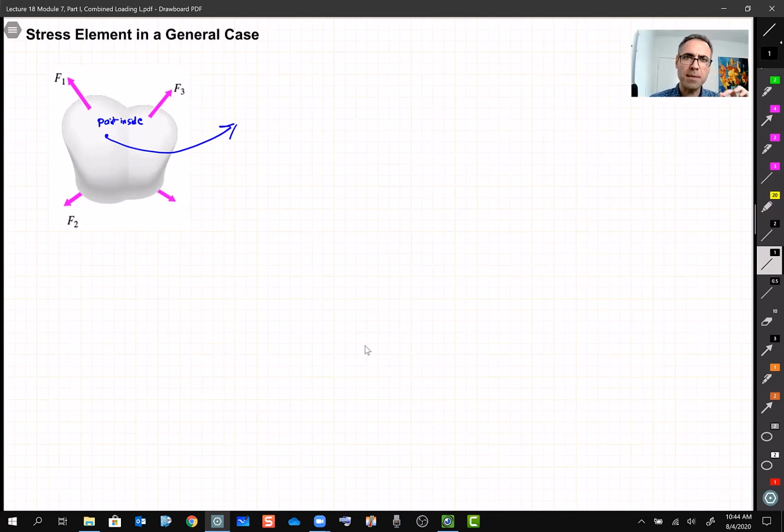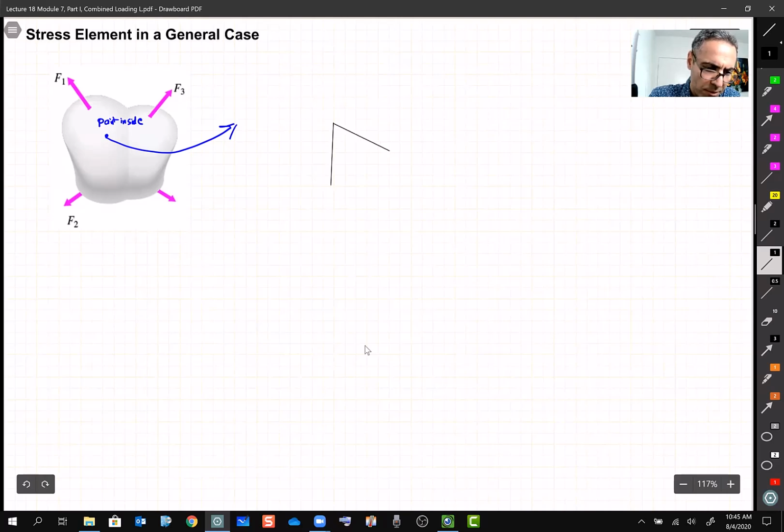Again, for simplicity, it's a point, it's just tiny, very small, just a molecule or a crystal. And let's say we magnify it and it looks something like this. Let me draw something for you guys.